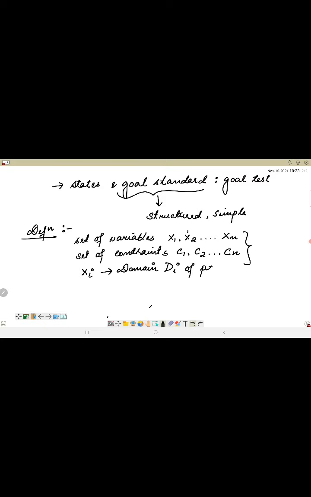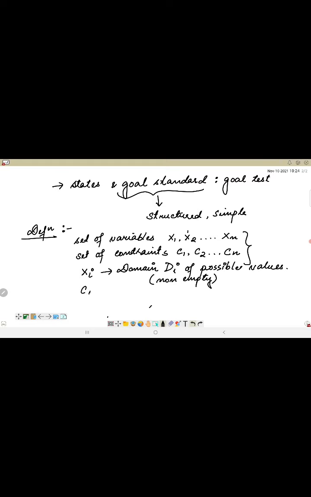Looking at the formal definition, we have a set of variables and a set of constraints, and each of the variables has a domain, and this domain generally is non-empty in nature, and has a range of possible values for the variable. Each constraint ci involves some subset of the variables and specifies allowable combinations of values for that subset.